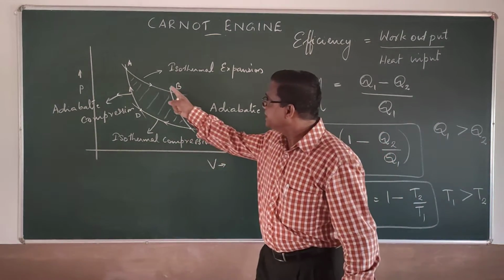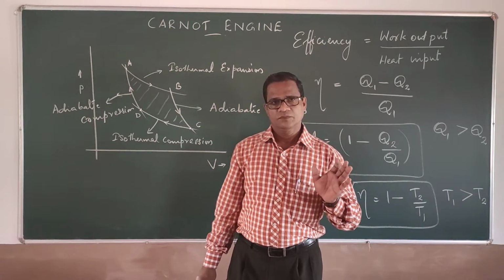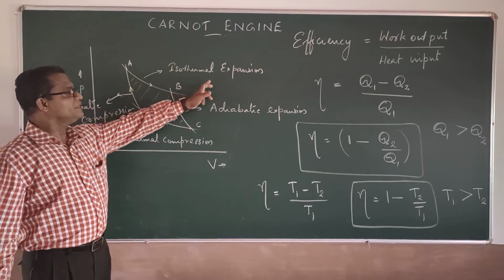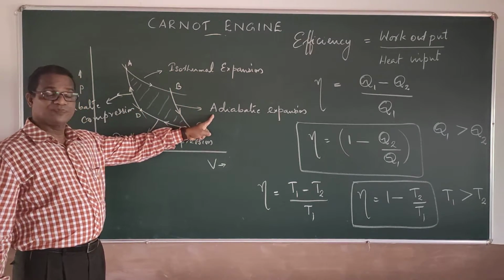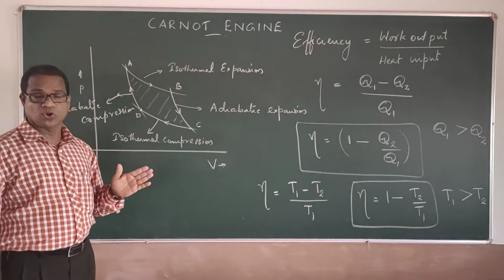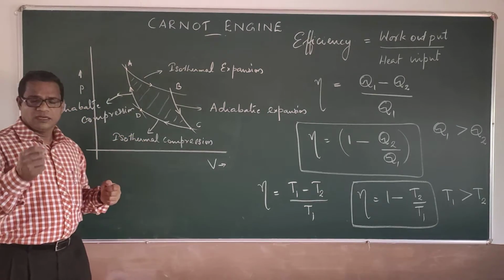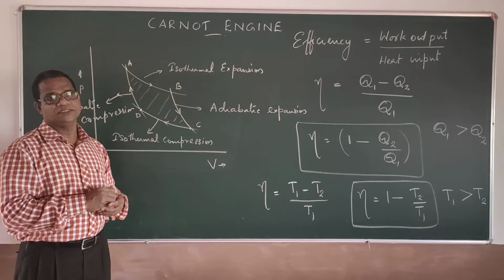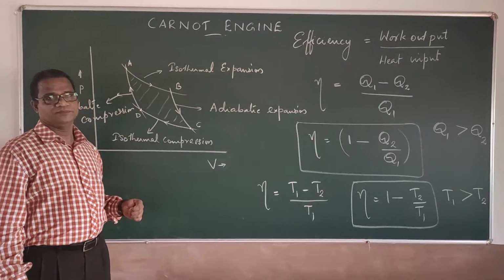Each stage is called a stroke. When we discuss heat engines at higher levels, we say isothermal expansion stroke, adiabatic expansion stroke, isothermal compression stroke, and adiabatic compression stroke. Each stage of action of the Carnot engine is called a stroke of that engine, so the Carnot engine is a 4-stroke engine.